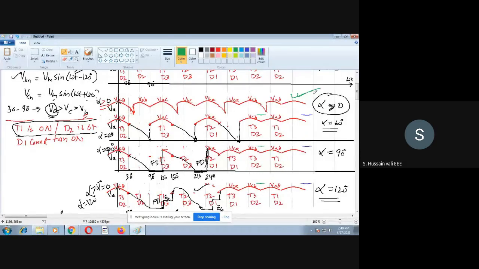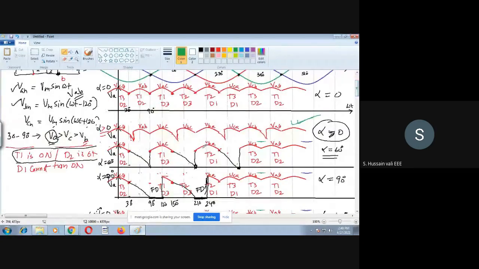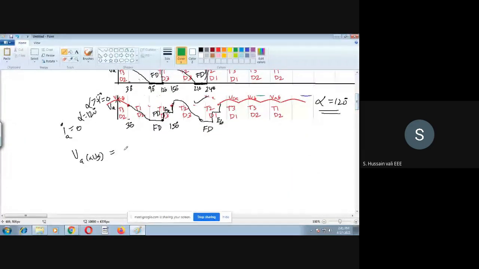Then you see yourself. This derivation I'm sure we have already done in power electronics, but anyhow we'll try once again here itself. You take VAC, and what is the time period here?